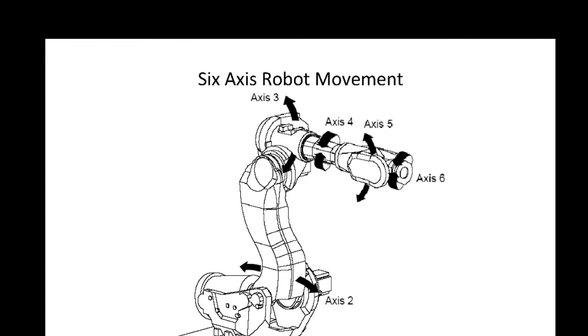Six-axis robot movements. In this pictorial representation you can see the base axis 1, axis 2, axis 3, axis 4, axis 5 and axis 6. This is called 6 axes. In base axis 1, the robot moves left to right, which means the motor is in rotary condition.